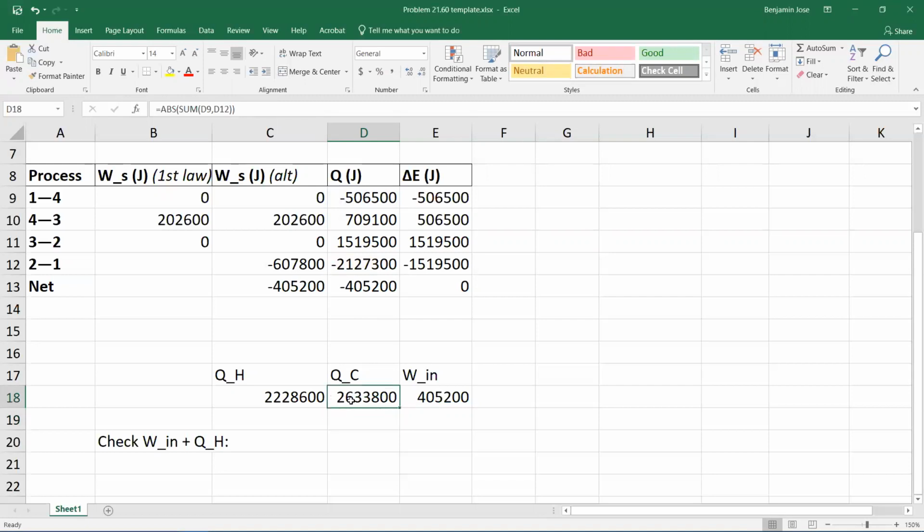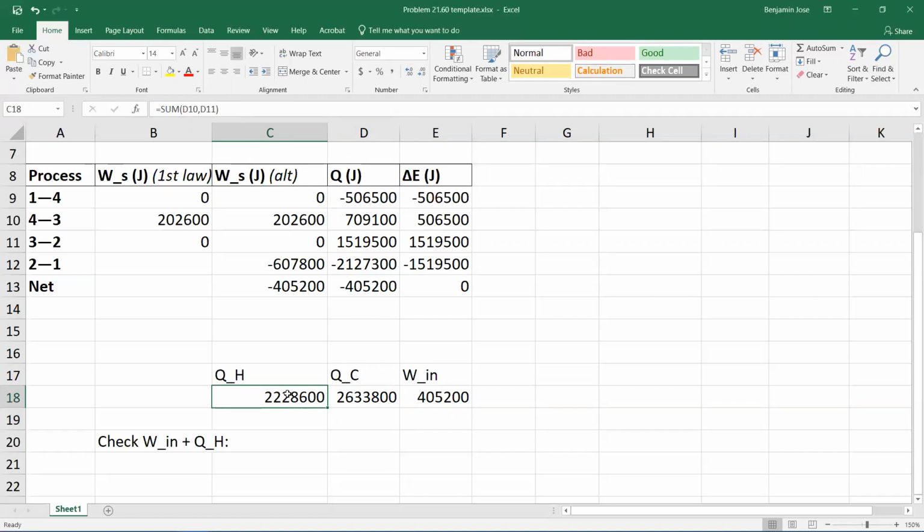There we go. Okay, so whoa, what's happening here? This is 2.6 megajoules. What? So 2.6 megajoules of energy were dumped into the cold reservoir, and only 2.2 megajoules were drawn from the hot reservoir. What is going on? Because that is not what a refrigerator does.